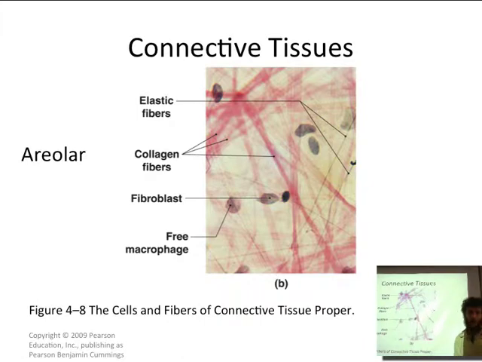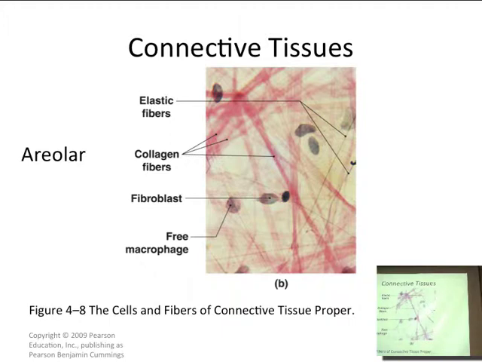Areolar connective tissue, you'll find slides of those out there. This areolar tissue is all over the body. If you were to look at that tissue, man, we need a new bulb in there. What properties would you guess this tissue has? Just looking at that stuff.